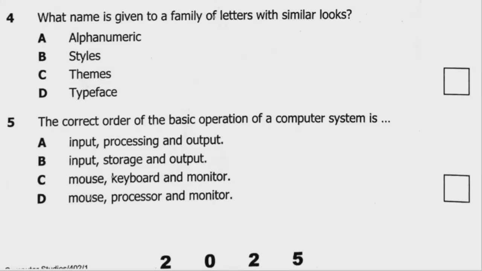Typeface. Typeface is a family of letters with a consistent design. So D is the correct answer there, because the question is asking what name is given to a family of letters with similar looks, that is typeface. So the correct answer is D. Before I even elaborate more, I can indicate the answer D there, which is for typeface. So D is the correct answer.